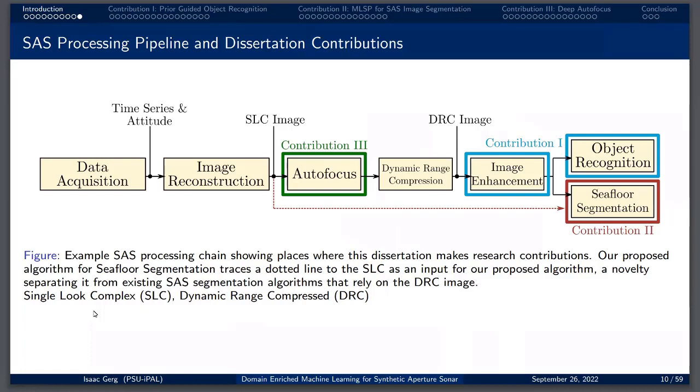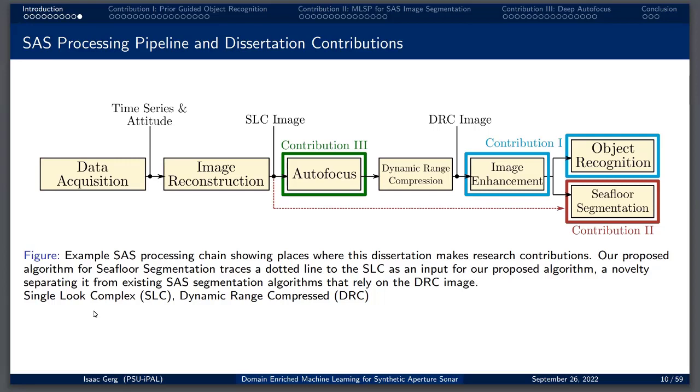Next, it goes through an image reconstruction process. This results in our complex image, which we often call the single look complex image. This is a holdover from the radar folks. And then for reasons I'll get into, sometimes the image is a little bit blurry, so we'll run an autofocus algorithm on it. And then from there, we'll throw away that phase portion again. We'll dynamic range compress this imagery.